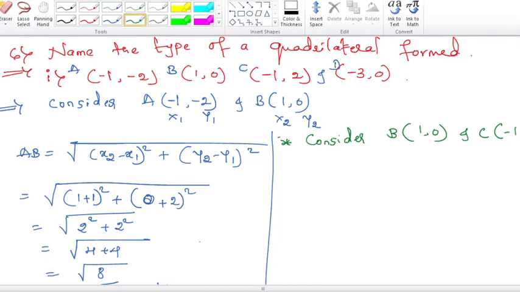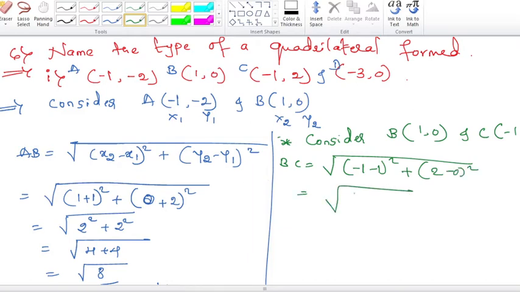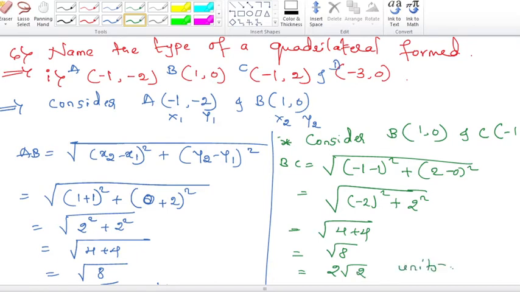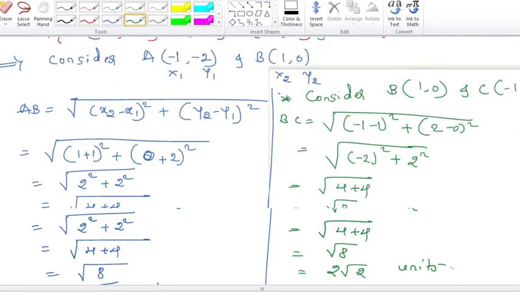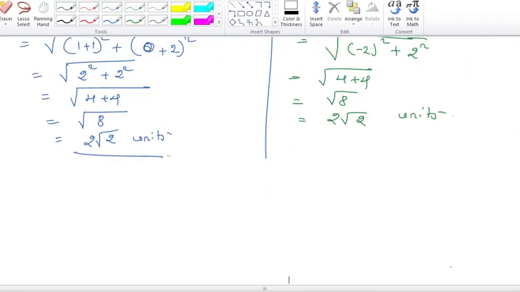Here BC is equal to formula square root of (x2 minus x1, means minus 1 minus 1) square plus (2 minus 0) square, which is equal to square root of minus 2 square plus 2 square, which is equal to square root of 4 plus 4 is equal to root 8. This root 8 can be written as 2 root 2 units. Here AB is equal to BC obtained.